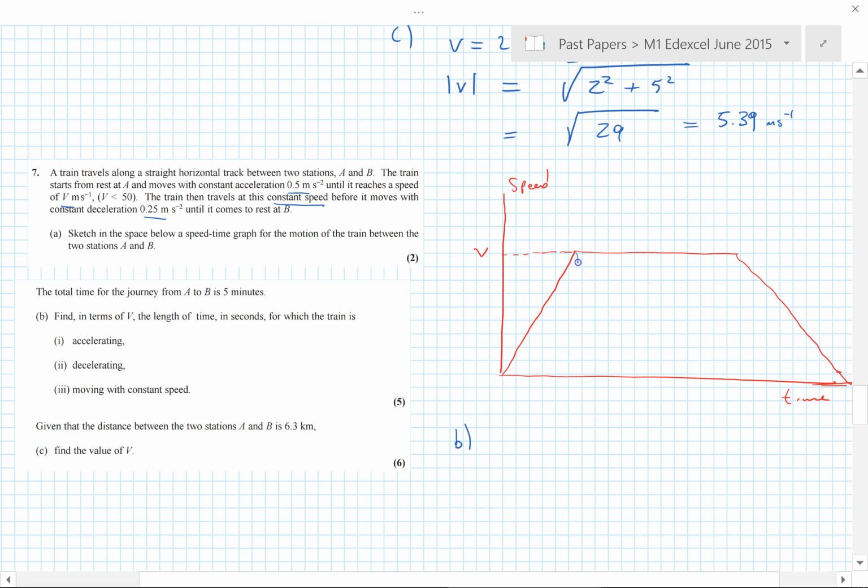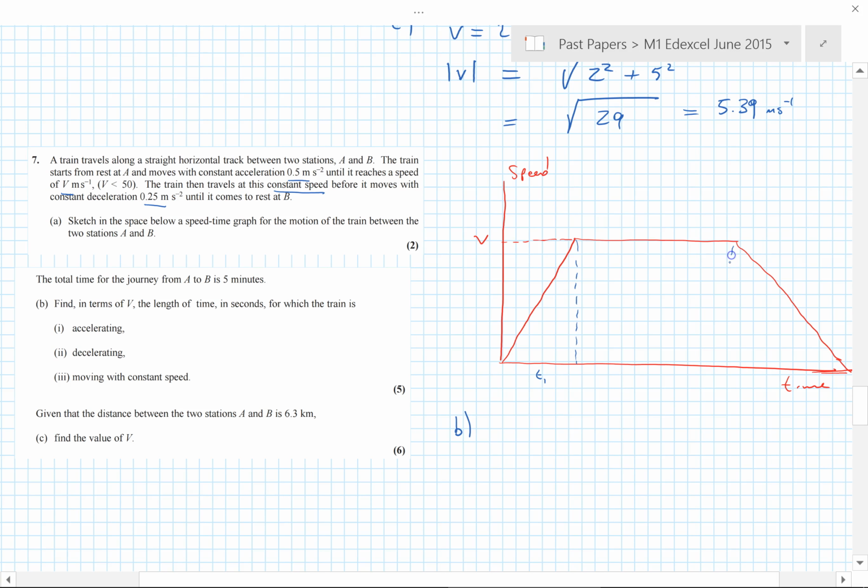So it wants expressions for the different times. So T1, let's call it T1, is the time that it is during its accelerating phase, T2 for when it's going at constant velocity, and T3 for when it's decelerating. So when it's accelerating, remember, acceleration equals gradient.